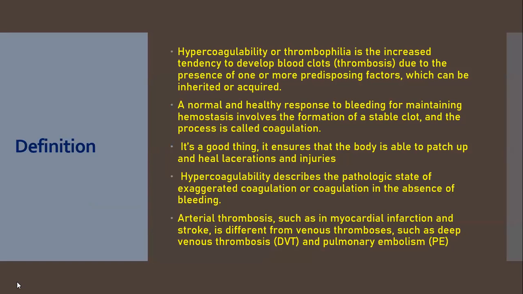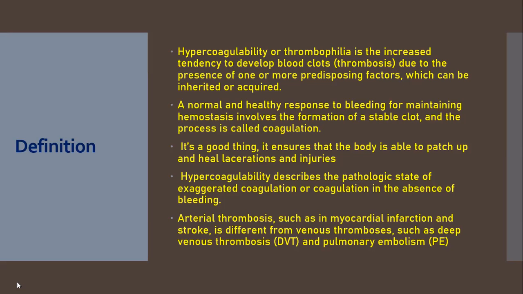So the definition, hypercoagulability or thrombophilia is just referred to an increased tendency to develop blood clots due to the presence of one or more predisposing factors which can be inherited or acquired.